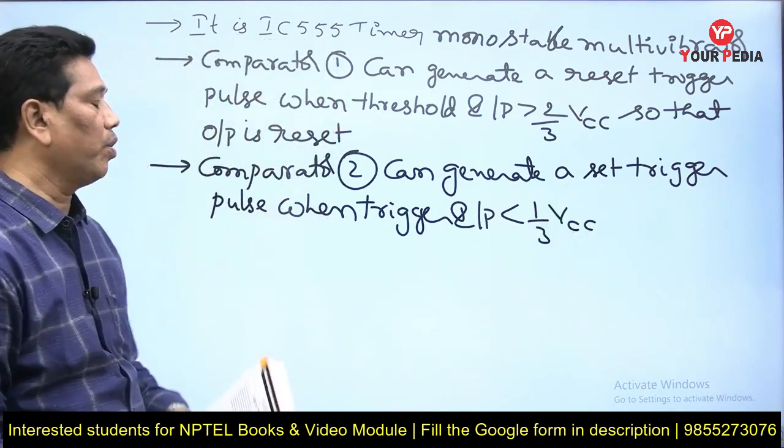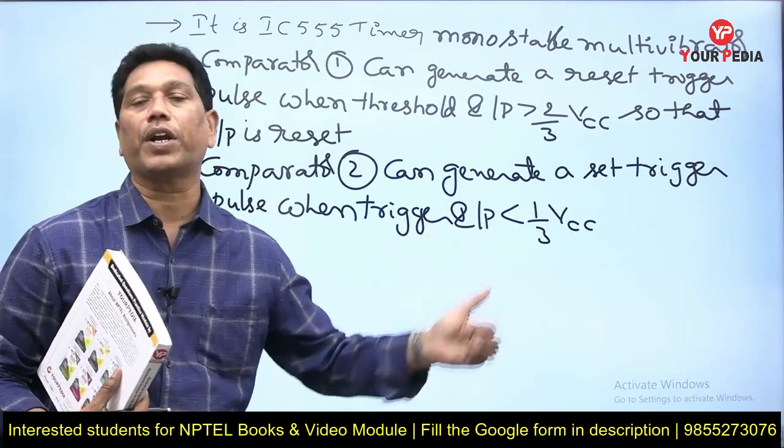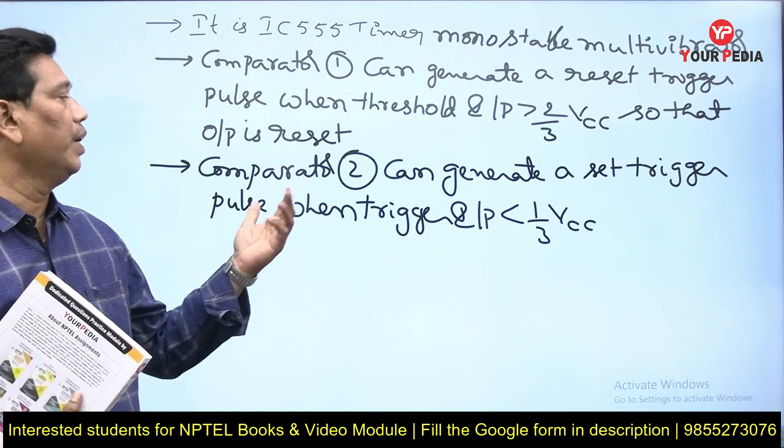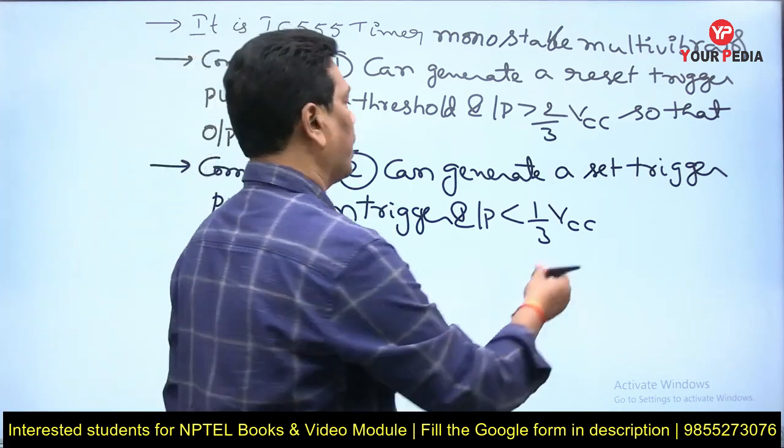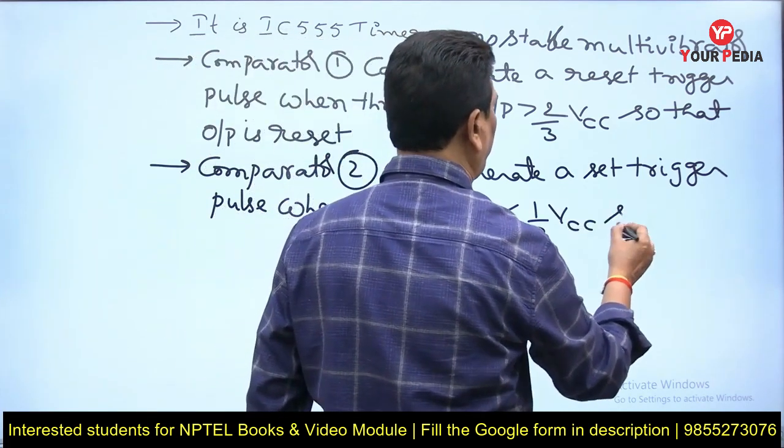Compared with the reference of 1/3 VCC, whenever the trigger input comes below 1/3 VCC, comparator 2 generates the set trigger pulse, so that the output is set.